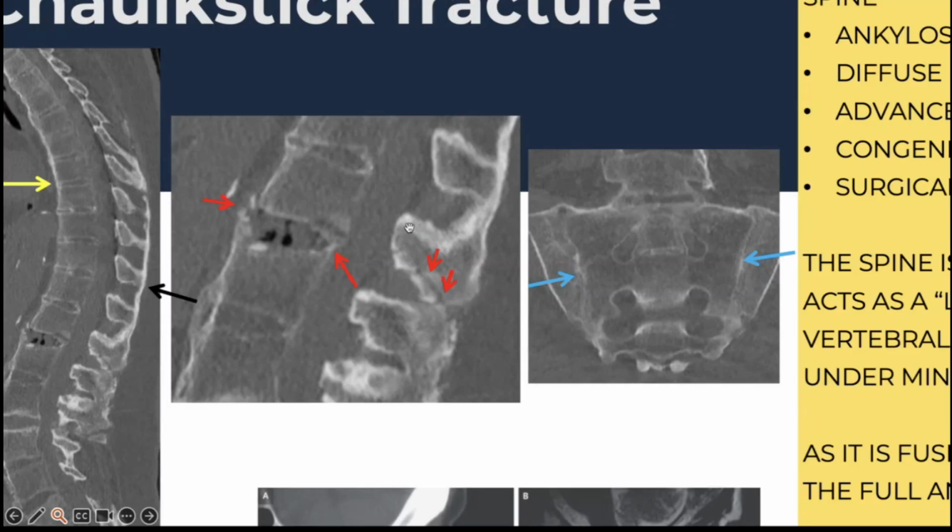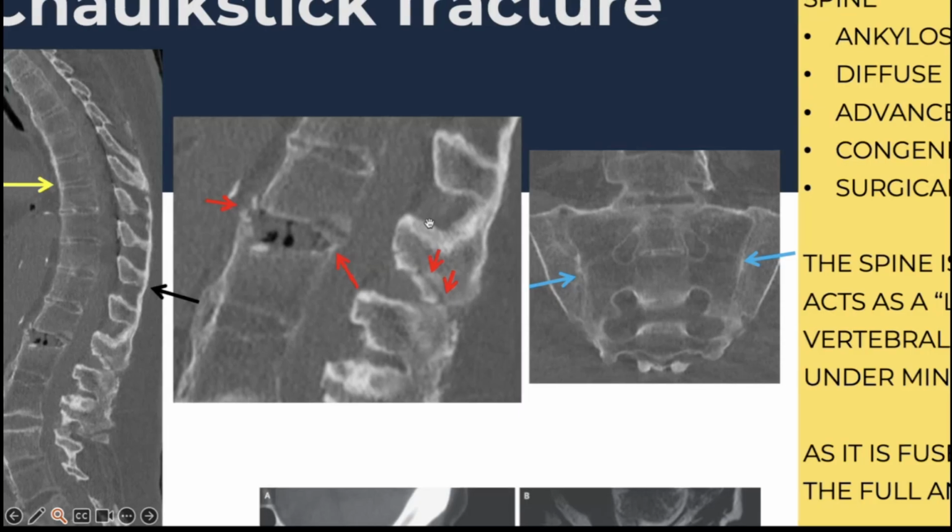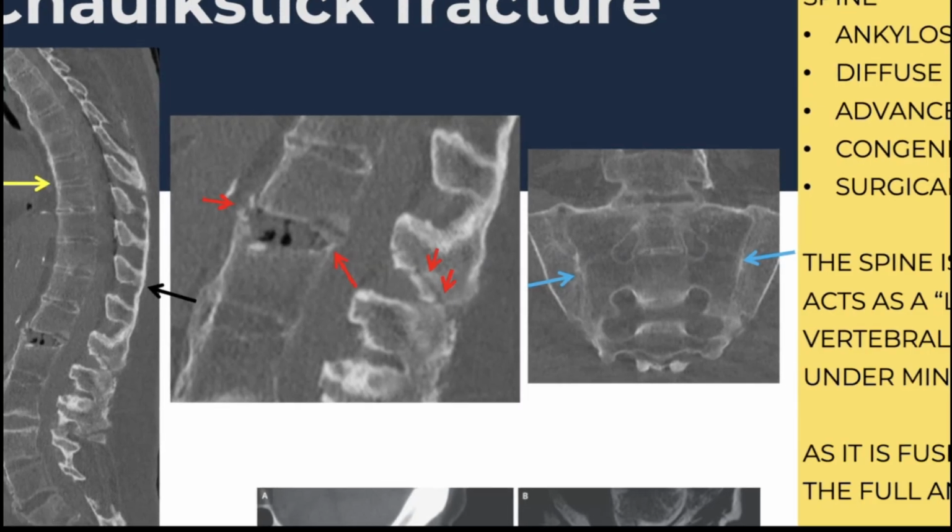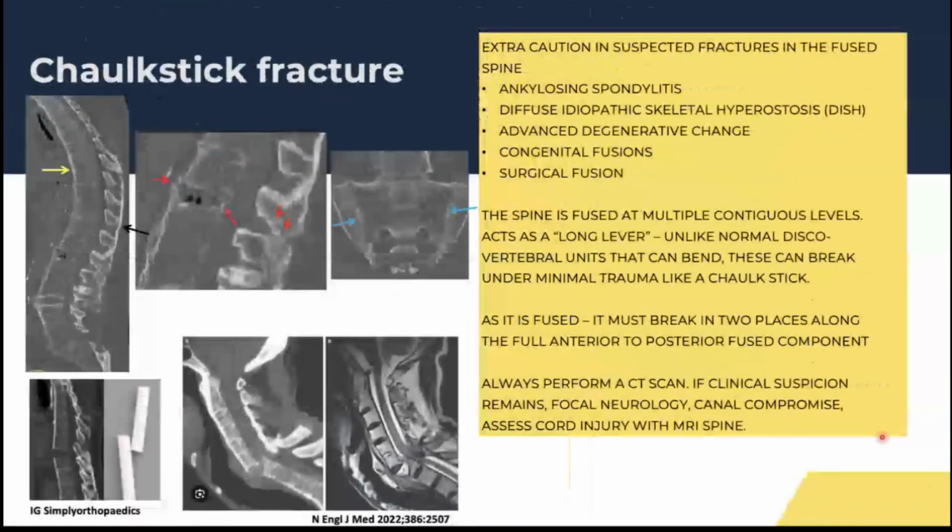So from back to front, the whole thing has just fractured, because that whole thing is one big unit, right? So it's gone from a very subtle and perhaps occult fracture to something which needs orthopedic attention.